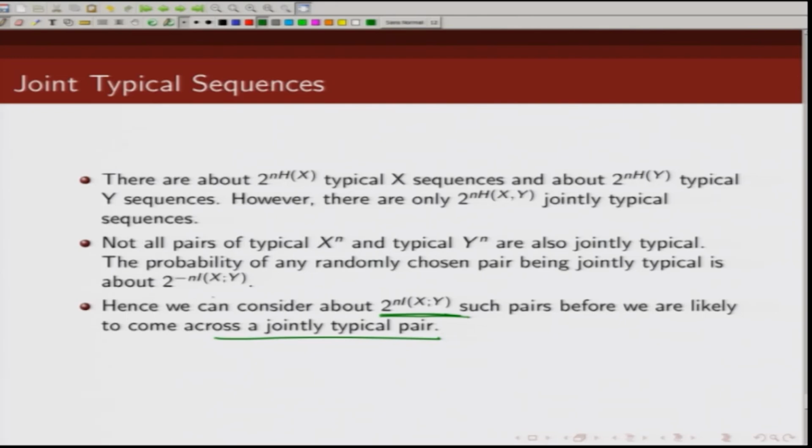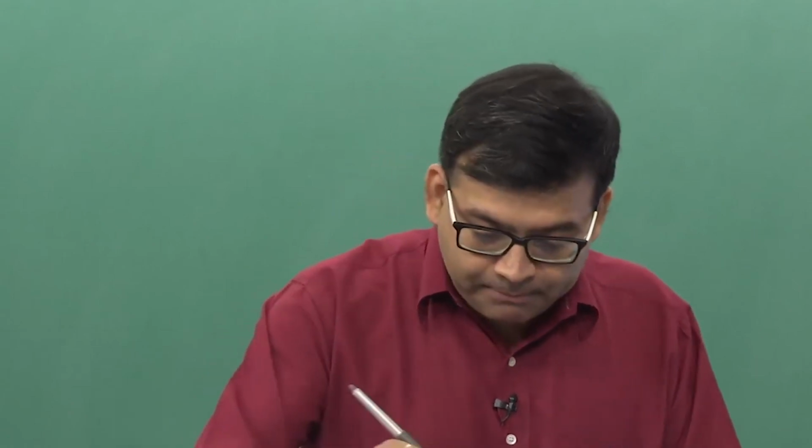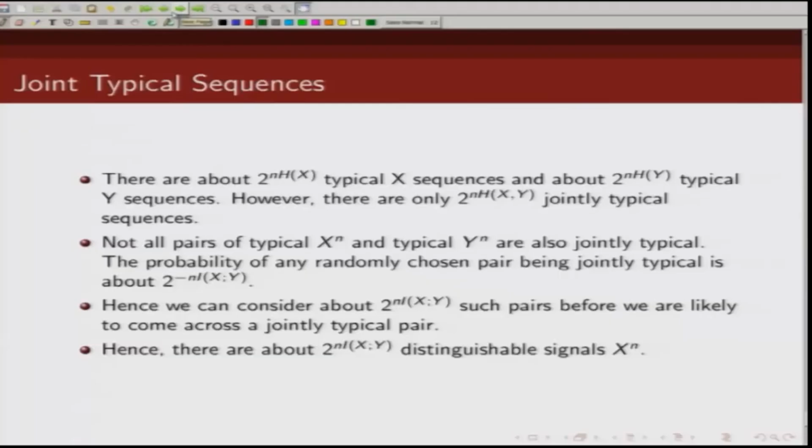As I said, because the probability of a randomly chosen pair being jointly typical is this, we can roughly encounter so many such pairs before we are likely to encounter a jointly typical pair. So, in other words, we can conclude that we have a total of 2 raised to the power n times the mutual information of x and y distinguishable signals.